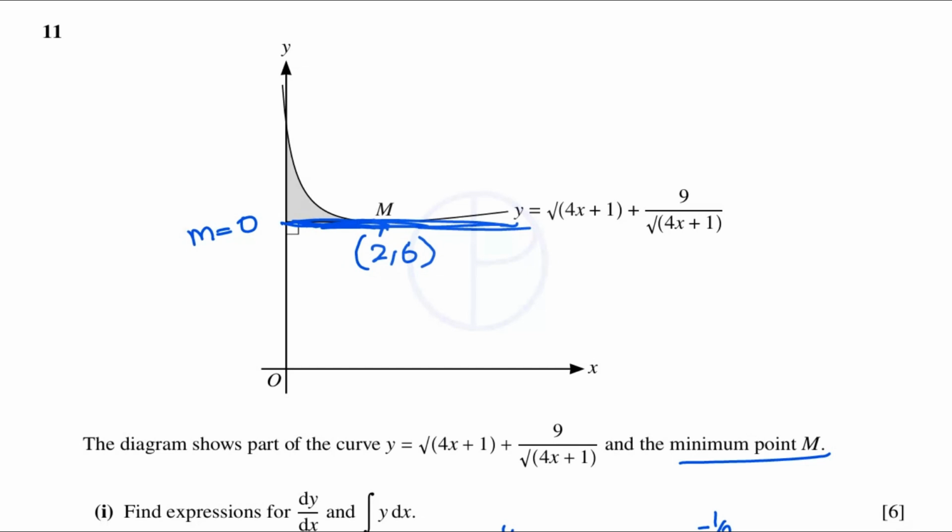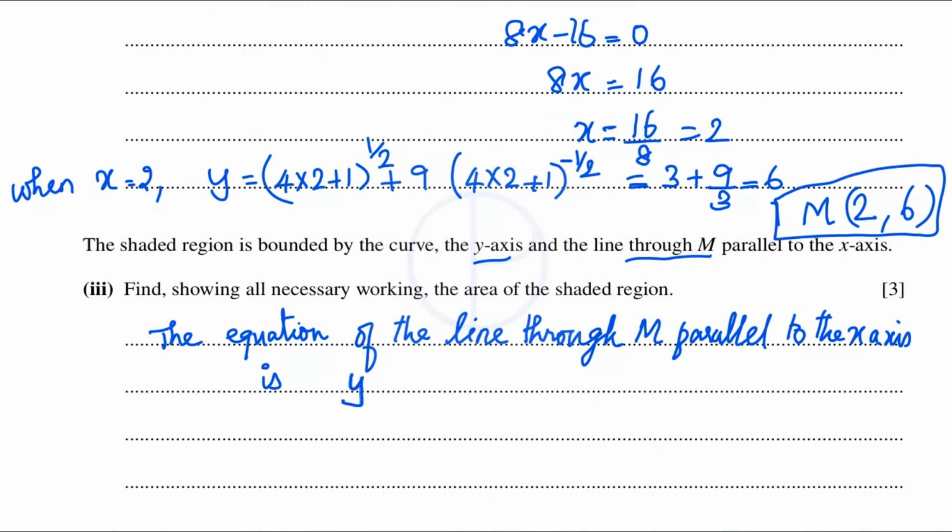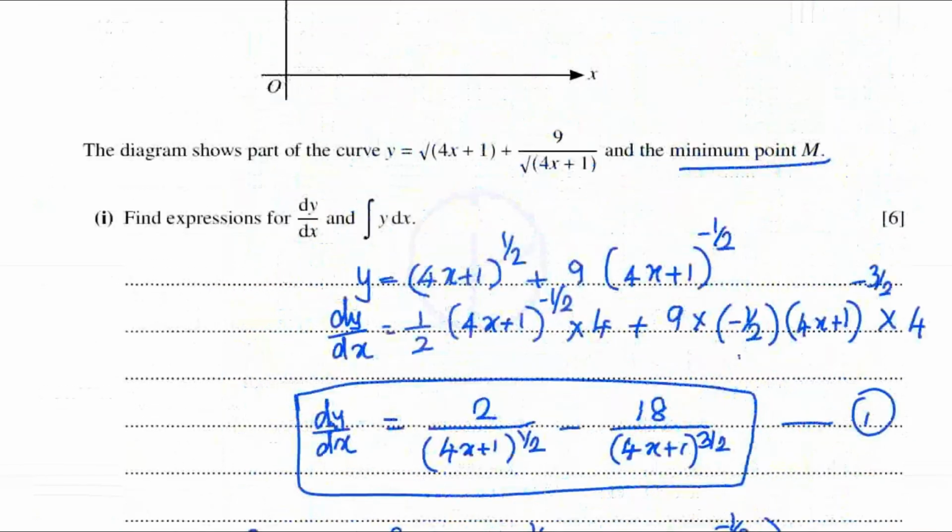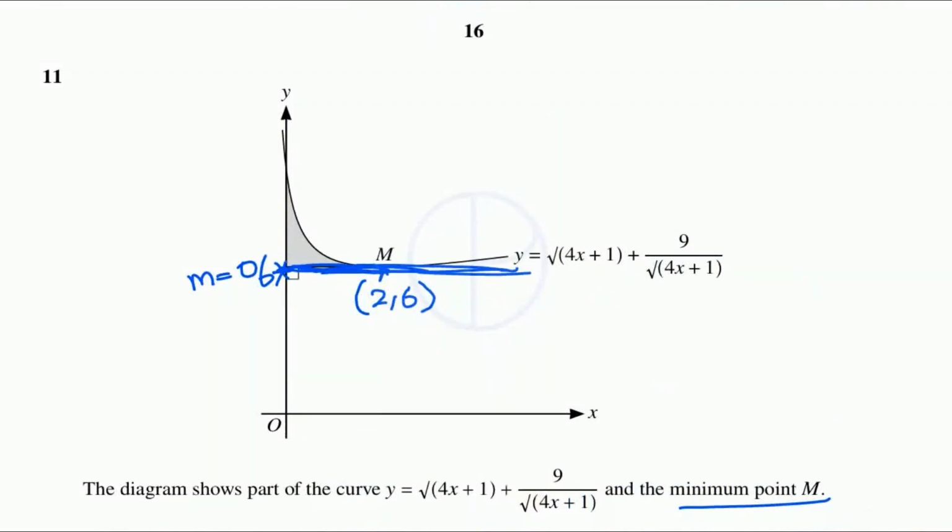Okay, so what is the y-axis value? Here it is 6. So the equation of the line is y is equal to 6. So now to find the area of the shaded region, we have to find the area under the curve minus the area under the line y is equal to 6.